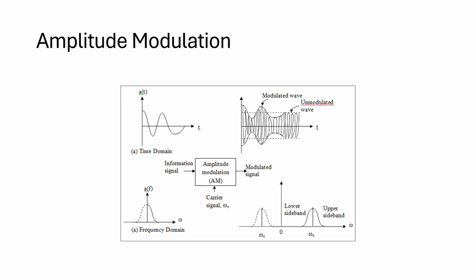When we represent these signals in the frequency domain, there will be two sidebands, denoted as the upper sideband and the lower sideband. The amplitude modulated signal consists of three components: the carrier signal, the upper sideband, and the lower sideband. The upper and lower sidebands carry the same information on both frequencies.